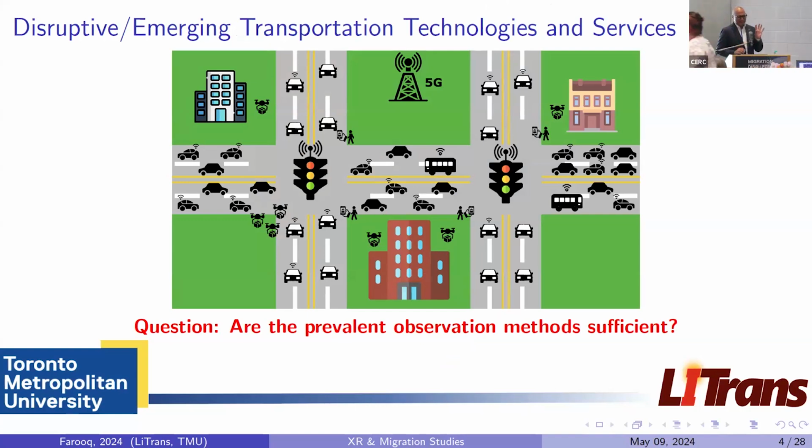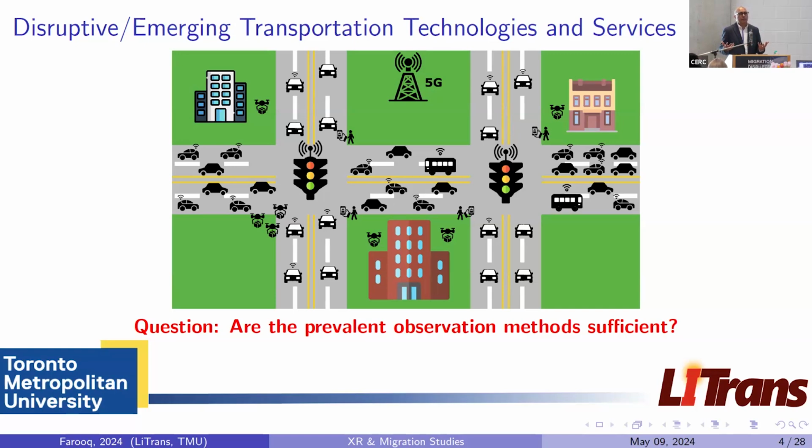The work that I've been doing through my Canada Research Chair is looking at how disruptive transportation technologies and services can be adapted, not just from the technological point of view, but also from the behavior and policy point of view. And whenever there's a behavior, we need to observe that behavior.